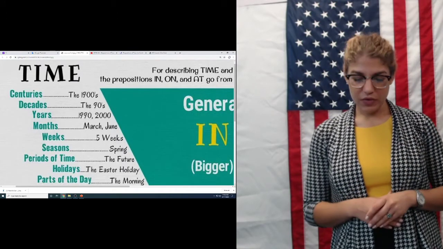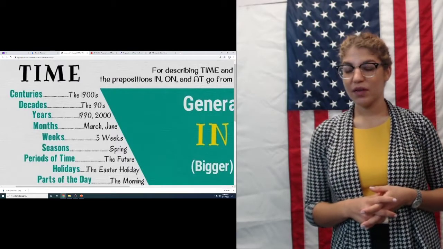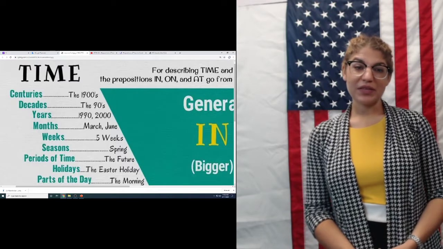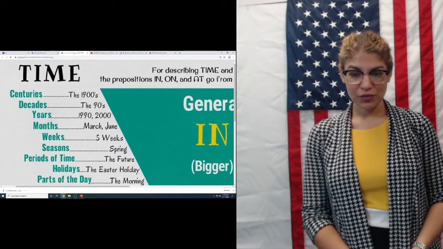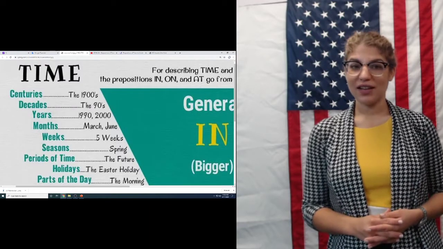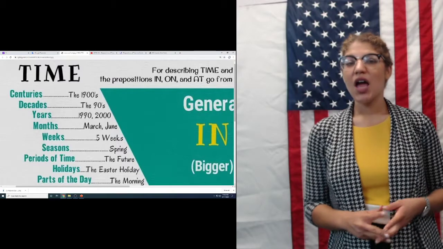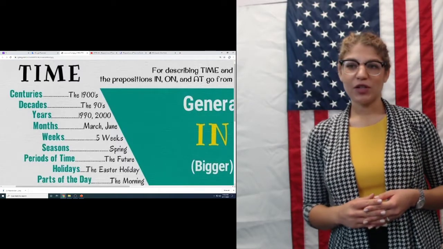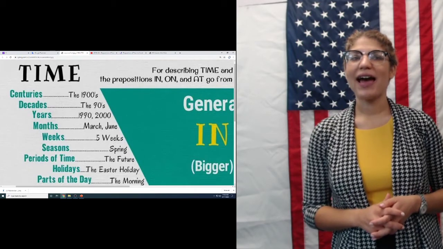We also will use the word in to talk about the parts of the day. For example, in the morning, or in the afternoon, in the evening. Our one exception for the parts of the day is when we say at night.